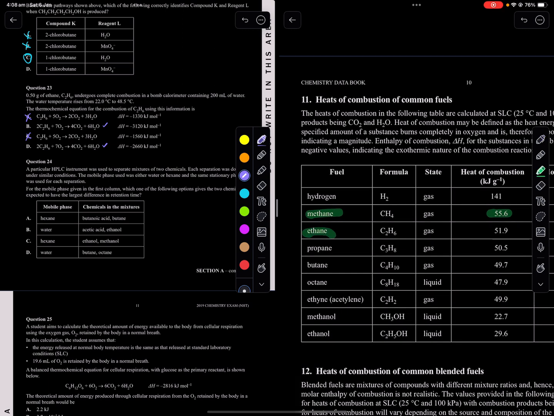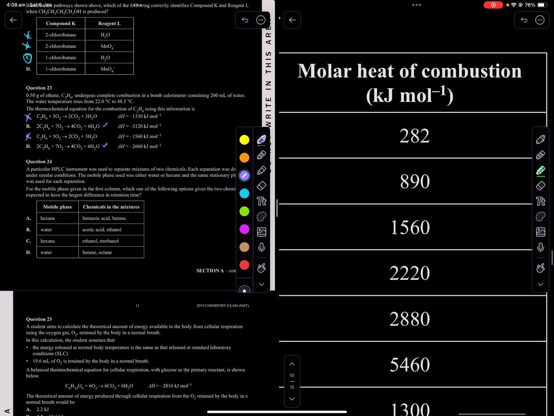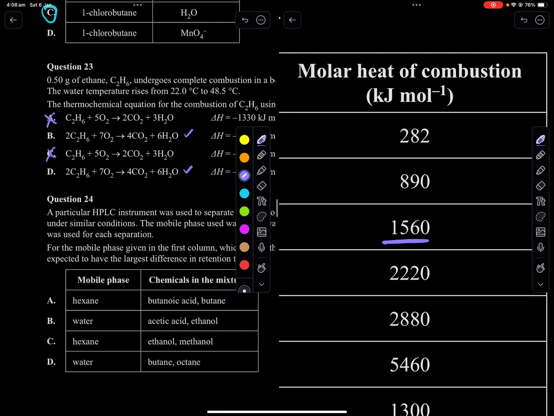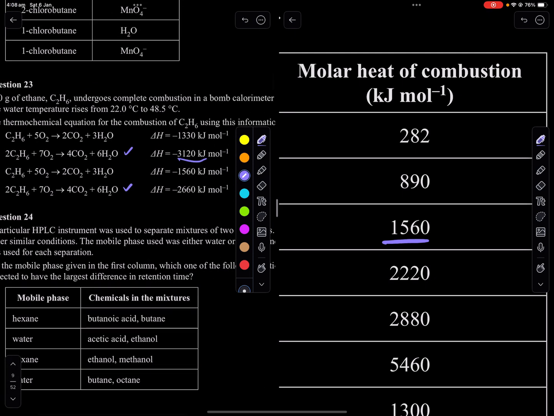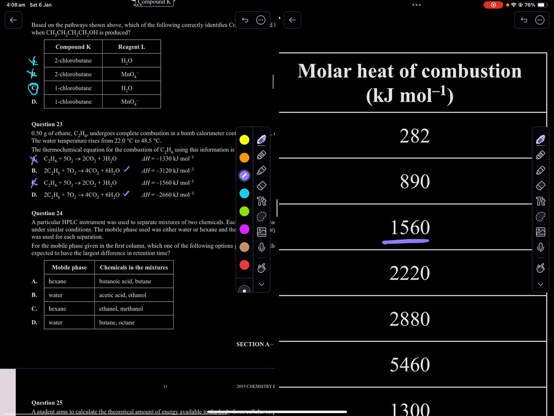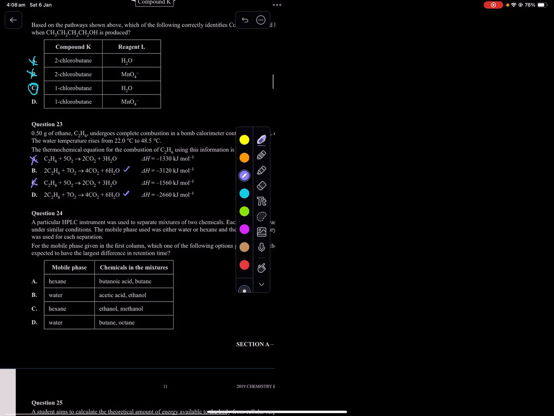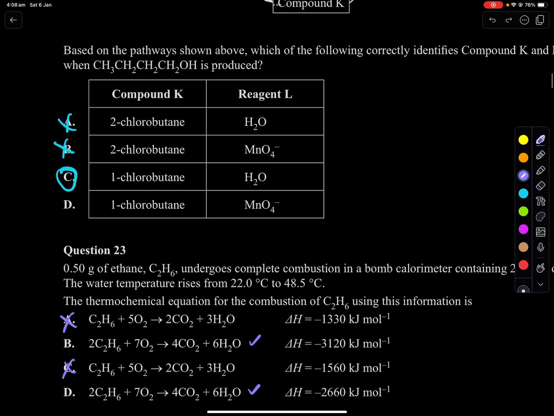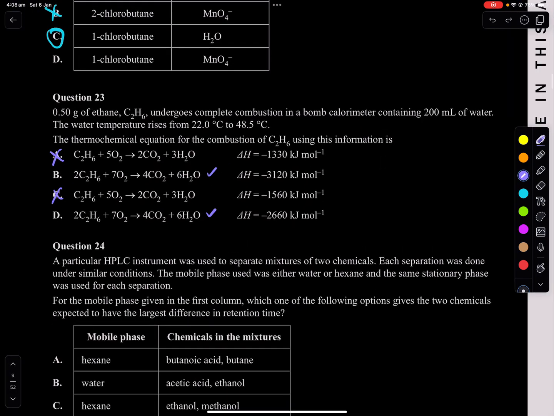Ethane, which is over here, it's 1560. And because there's 2 moles of it, you're going to multiply by 2 and be like, oh, it's this one over here, isn't it? Be careful, that's wrong. We're using calorimetry, which is not going to have that exact value of the heat of combustion. It's actually going to be totally different. So make sure to use the calculations that you're supposed to use.